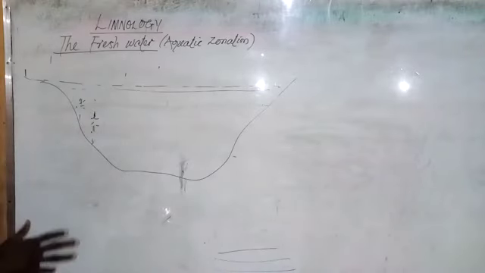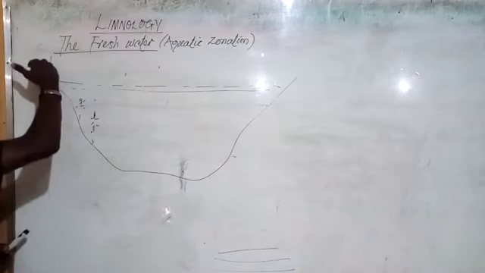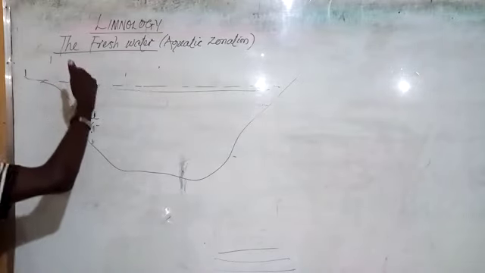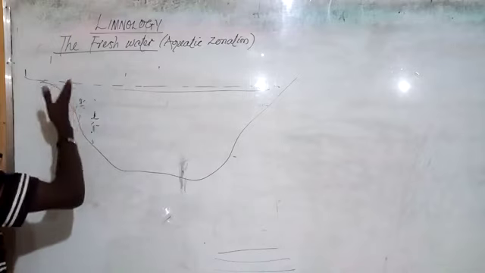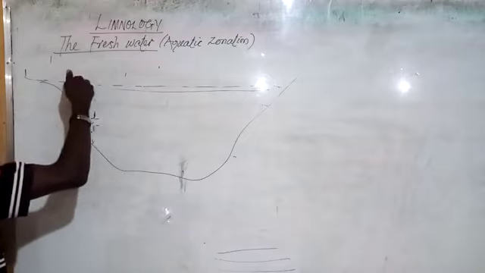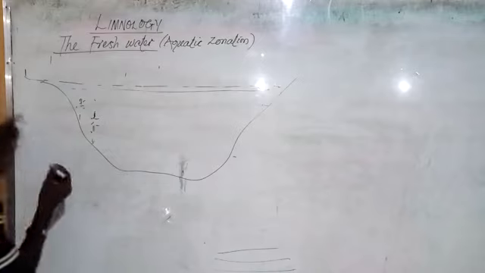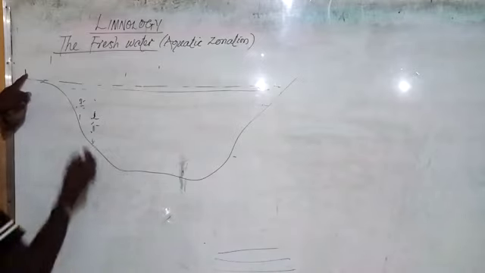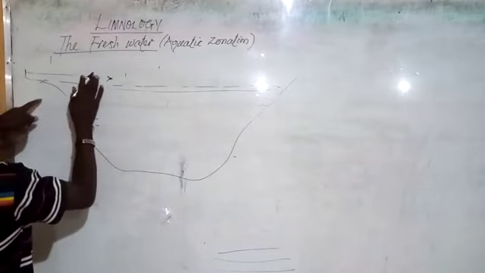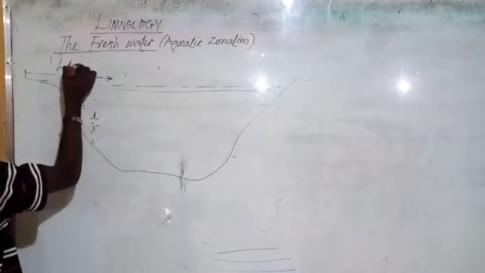You remember we have different types of plants that grow in the water. Some grow on the shore, some are floating, some are submerged, and some are emergent. The emergent ones protrude through the water. The submerged are the ones lying under the water. But my point is this: from the shore to any point in that lake system where plants grow is called the littoral zone.